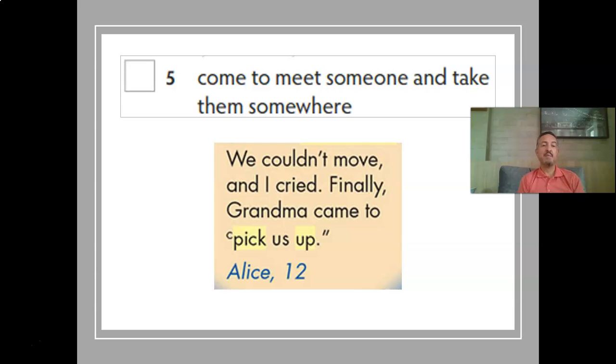Finally, Grandma came to pick us up, came to get us and take us to another place. For example, another sentence could be, my mom always picks me up at school after class at around 12. To pick me up, to take me with the car home, take me home, all right? Number 6.